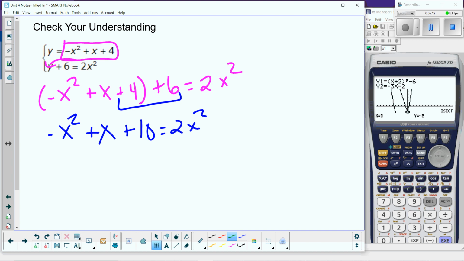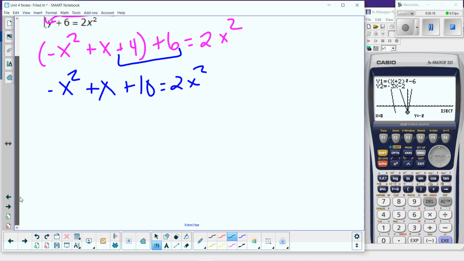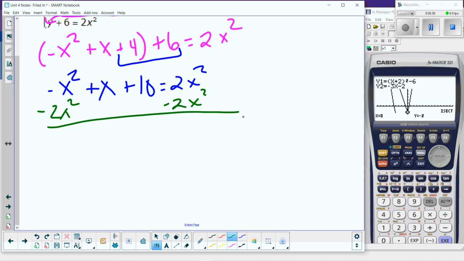So now I want to get all of my x's on the same side. So I'm going to move my 2x squared, just because there's less on that same side with it. So then we get negative 3x squared plus x plus 10 equals 0.